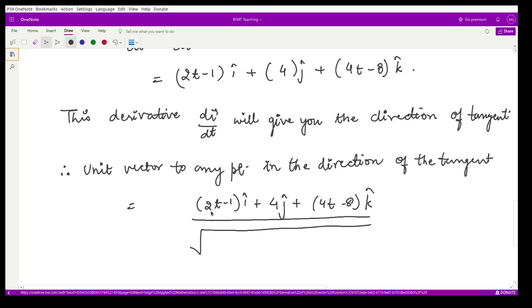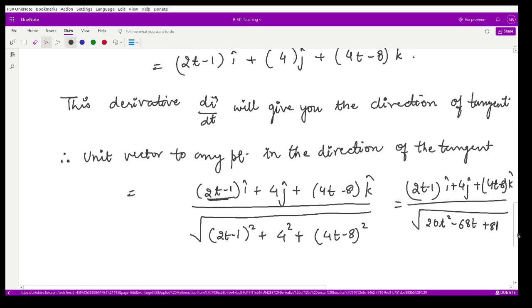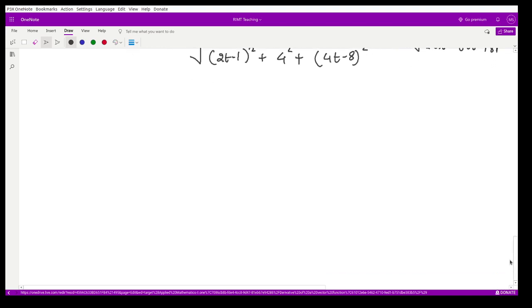Square root of the first quantity whole square, so (2t minus 1) whole square, plus the second quantity whole square, and then the third quantity (4t minus 8) whole square. When you solve this, the answer would be (2t minus 1) i cap plus 4 j cap plus (4t minus 8) k cap divided by square root of 20t square minus 68t plus 81. So this is how you define the unit vector in the direction of the tangent.